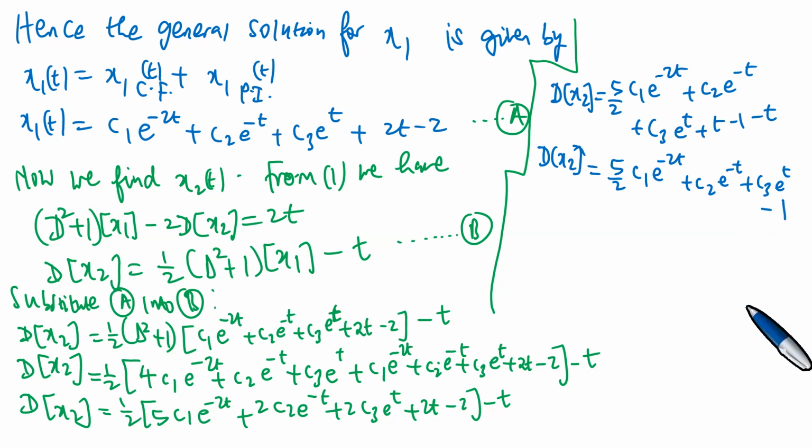The t minus t boils down to 0. Okay, we're done.